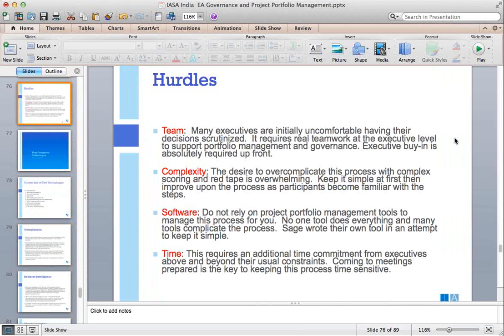And you are always running against time, which makes many people running project portfolio management run out of hair on their head.